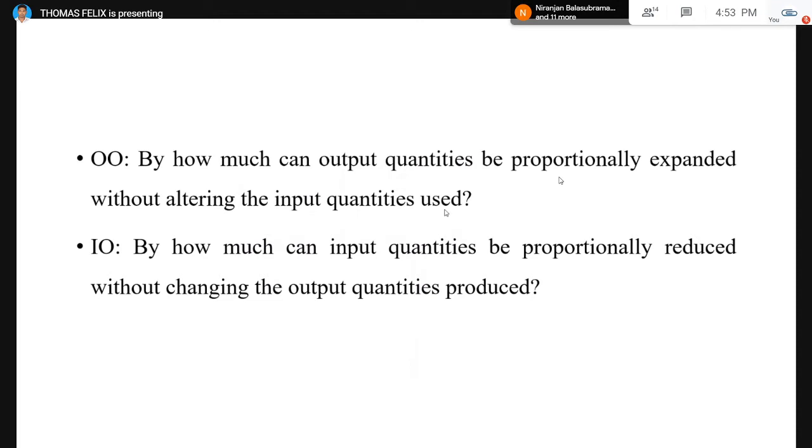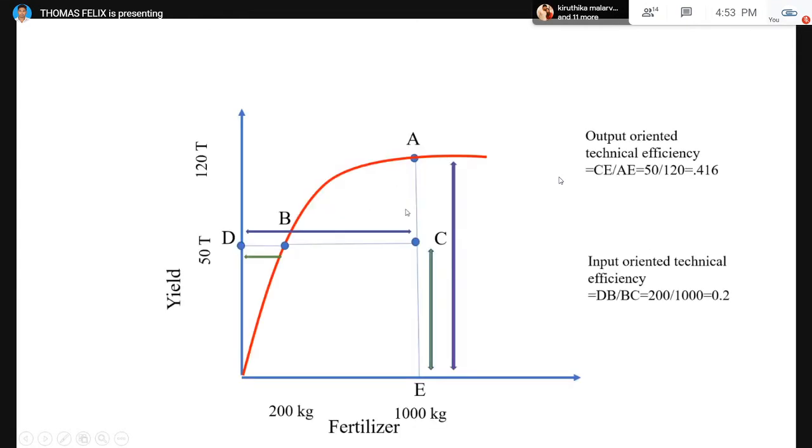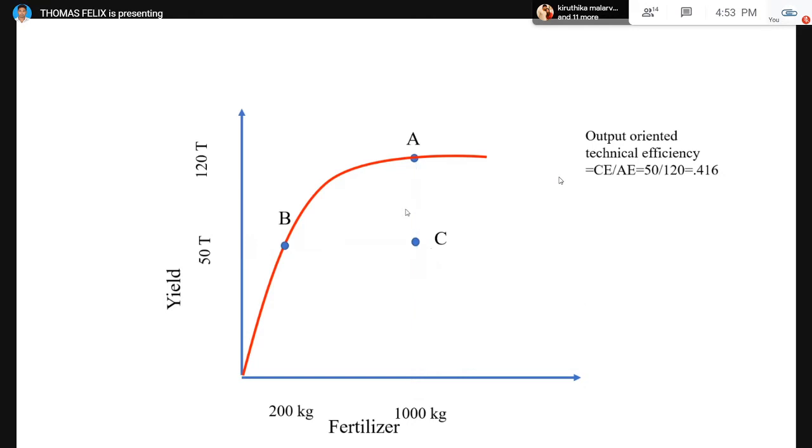But we can see there is a difference between the yield. So the output oriented measure is how much output quantities can be proportionally expanded without altering the input quantities.